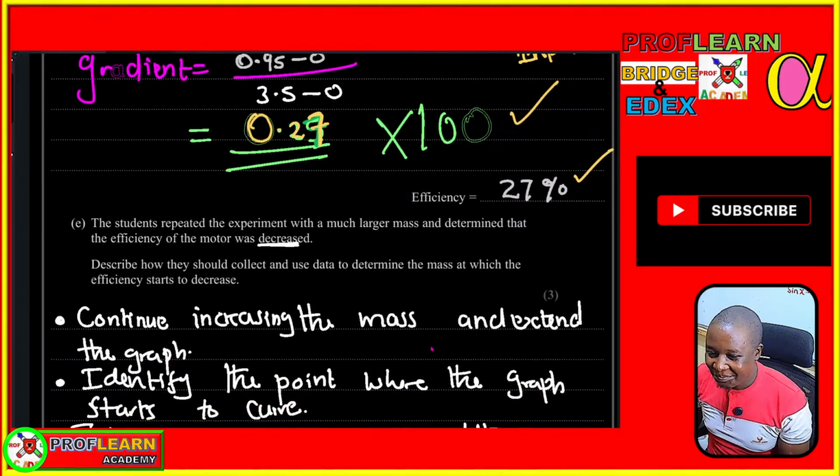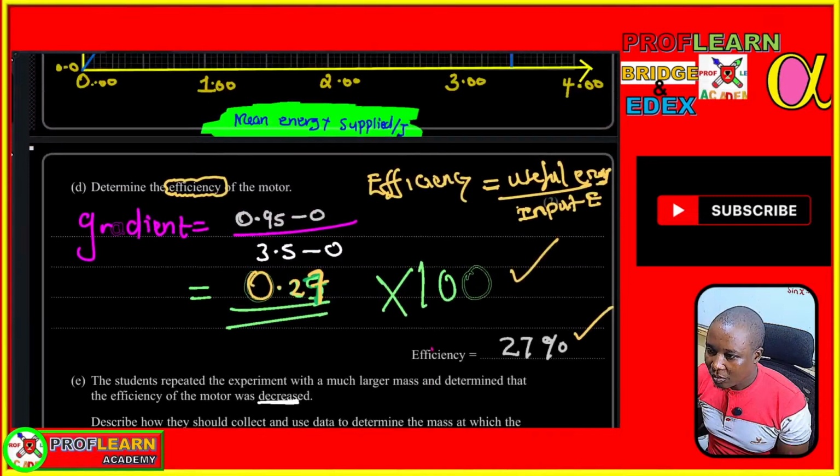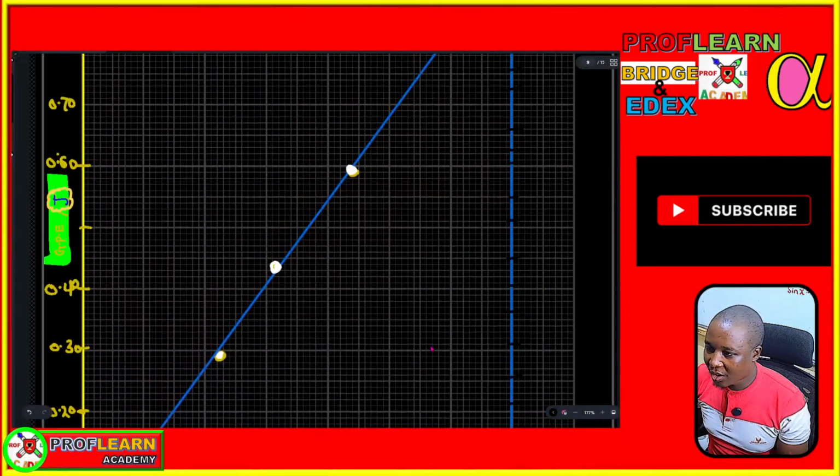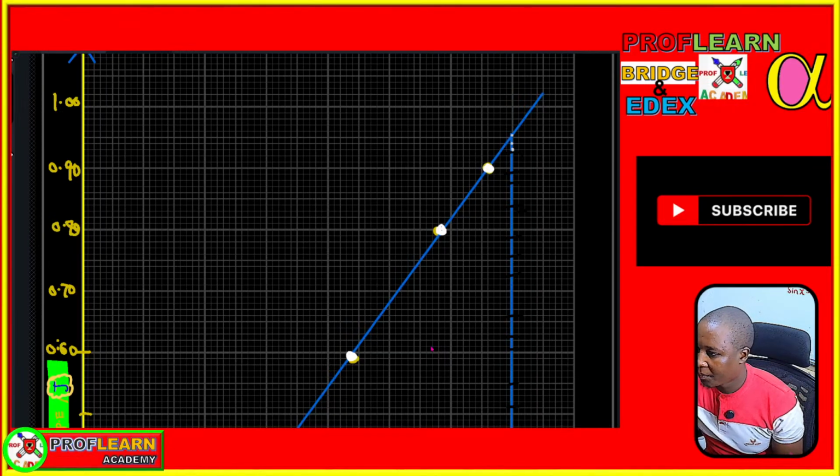You need to describe how you should collect and use the data to determine the mass at which the efficiency starts to decrease. So you see in this region here, efficiency is constant. If it starts to decrease, the graph will start behaving like that.